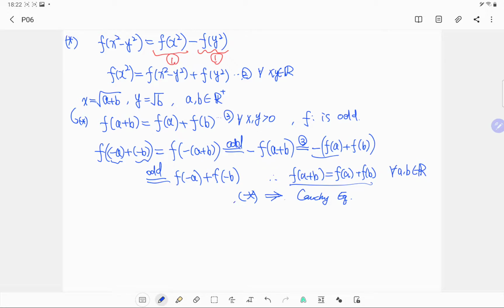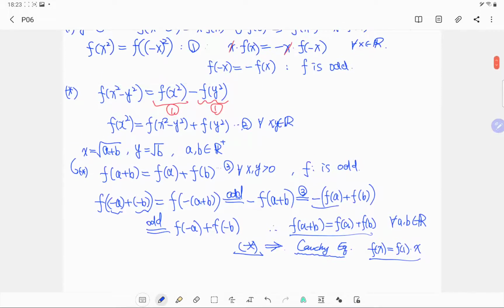But the original equation is not limited to the Cauchy equation, because if we only have the Cauchy equation, we still need some other condition like continuity or monotonicity, etc., to have the solution f of x to be f of 1 times x for all real numbers. If we don't have the continuity, monotonicity, we can only come up with this solution for rational numbers.